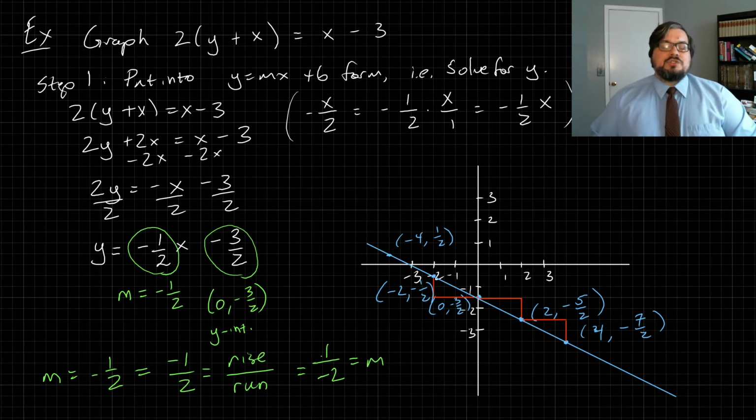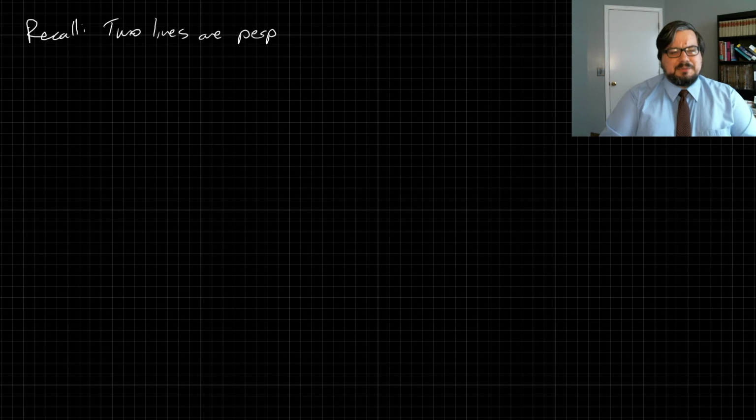The fact that we can determine the slope of two lines easily using the slope-intercept form also helps us to determine whether lines are parallel or perpendicular or neither. So recall, let me start with parallel. Two lines are parallel if their slopes are equal.